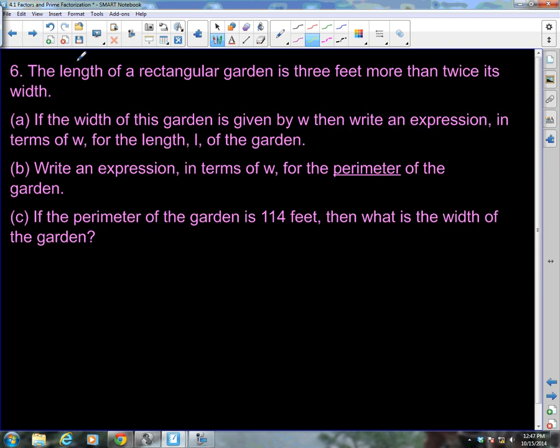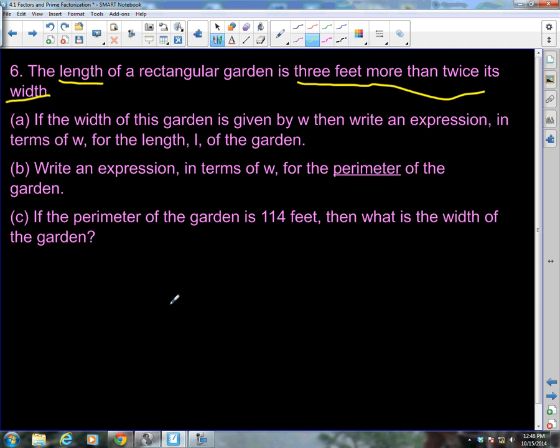One more thing. Let's look at a word problem. Length of a rectangle is 3 feet more than twice its width. If the width of this garden is given by W, so basically you have a rectangle here. Sorry, let me kind of redo some of this, okay?